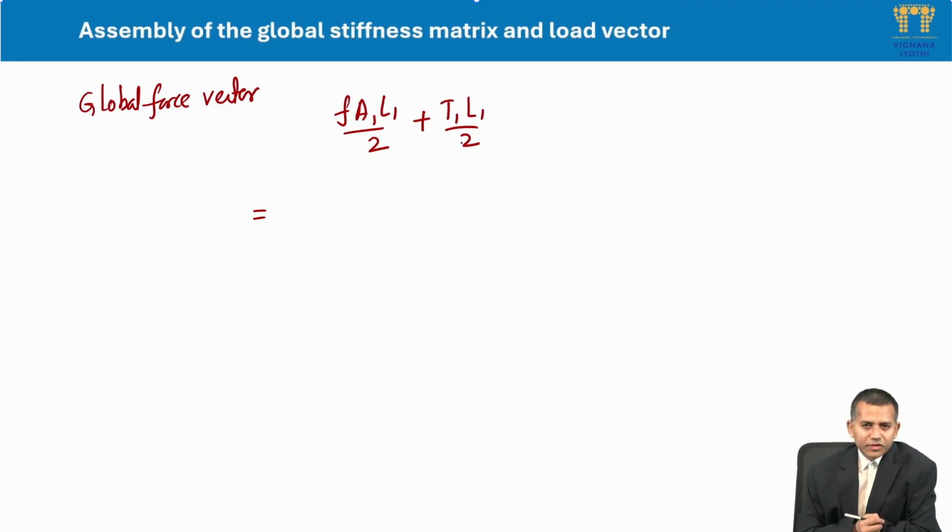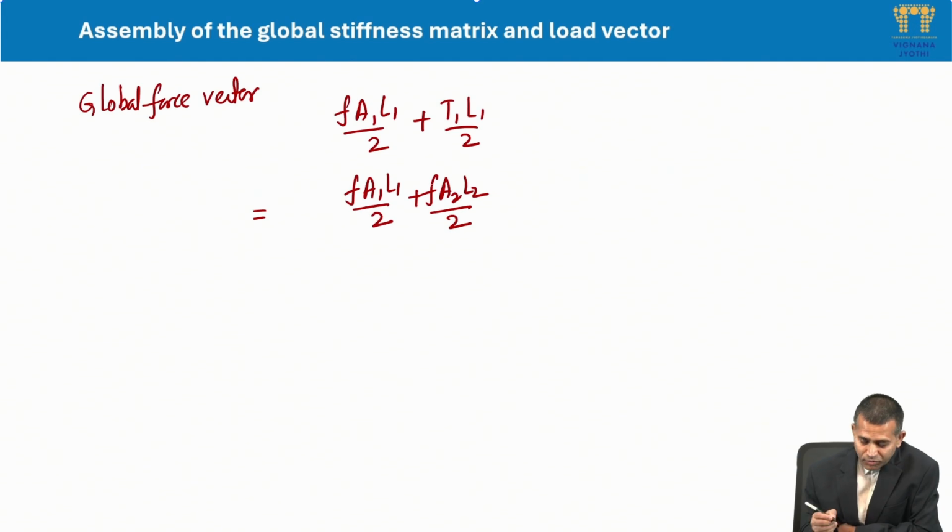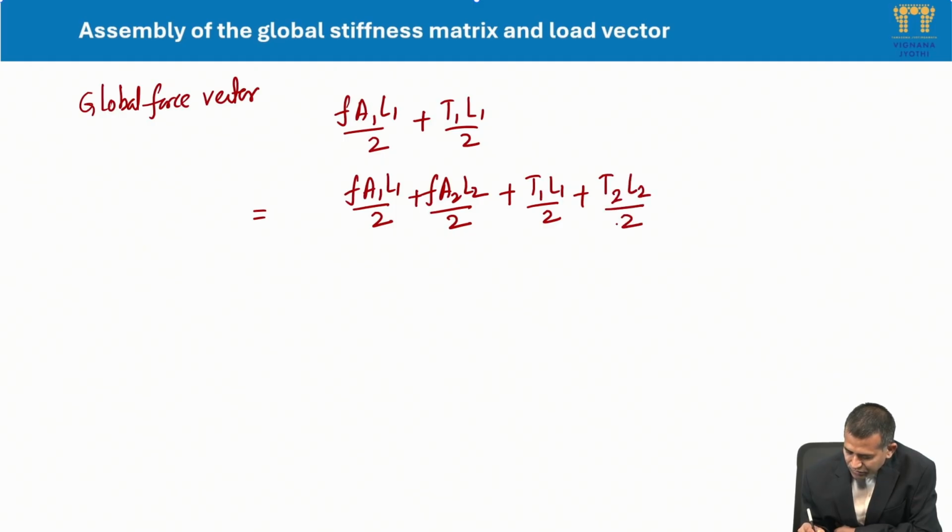So these are the forces at node 1. At node 2 we have F A1 L1 by 2 from element 1 and F A2 L2 by 2 from element 2. So these two combined are the body force, and you have T1 L1 by 2 plus T2 L2 by 2. So these are the tractions.